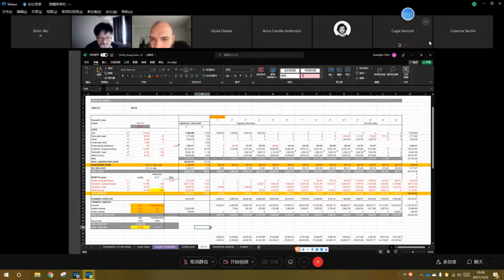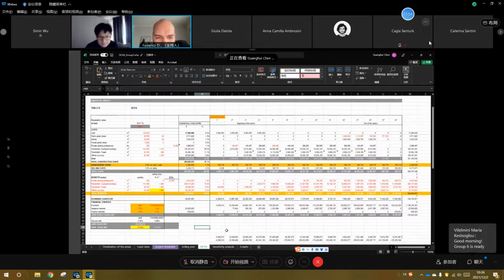Okay, because we have considered the selling of private parking. So try to do this change, and next time send us the file in order to take a review.